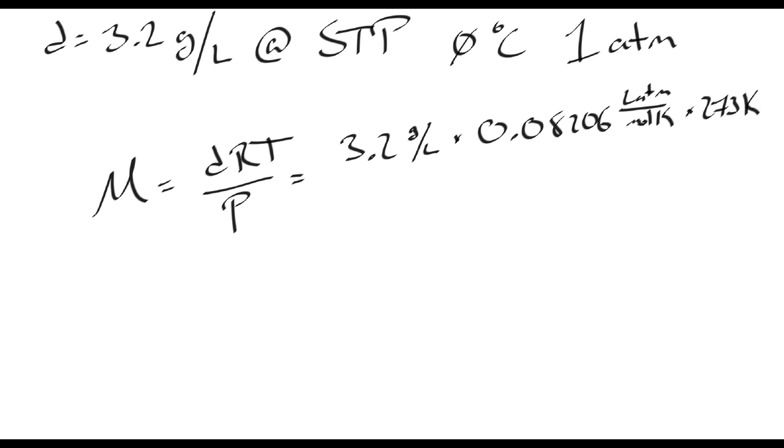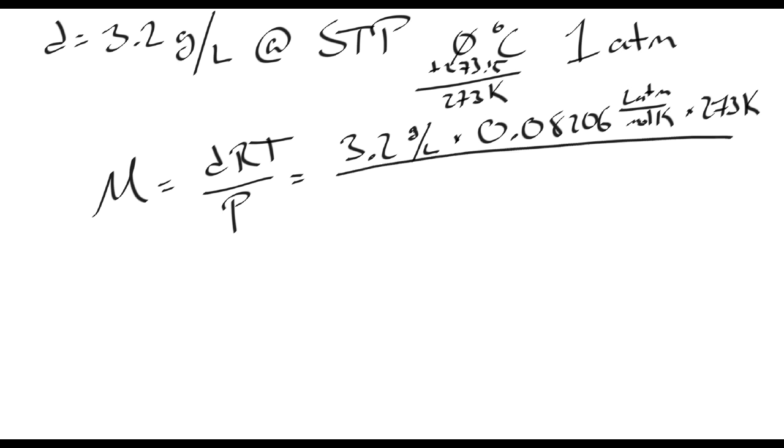Remember, 0 degrees Celsius plus 273.15 gets you 273 Kelvin. I rounded. Divided by 1 atmosphere. So liters cancel, atmospheres cancel, Kelvin cancels, and it's going to leave you with grams per mole for your units.